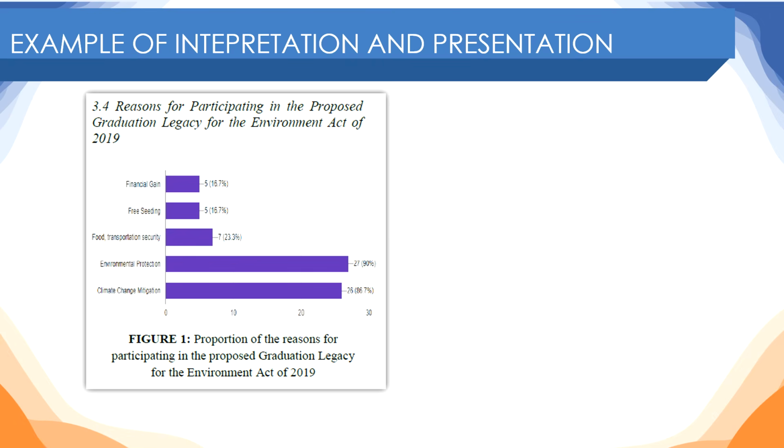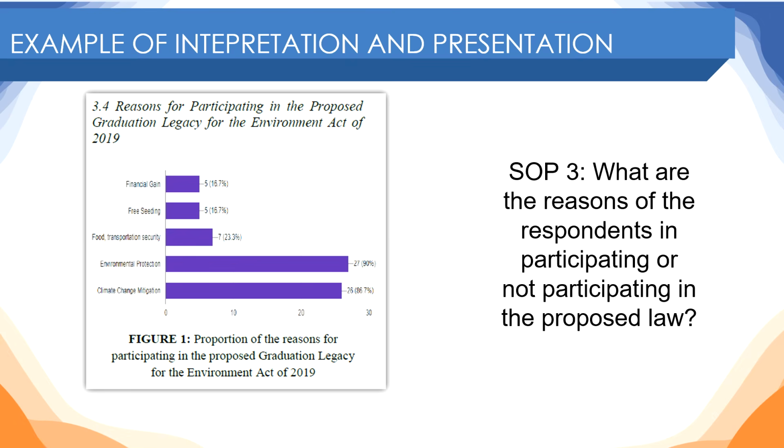Another example is asking about the reasons of the respondents for participating or not participating in the proposed law. If you take a look at the nature of the research question, it affects the way we present our data. If respondents provide different reasons, we may organize those reasons into categories and show their frequencies or percentages.